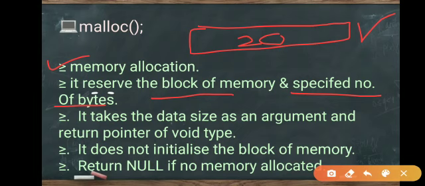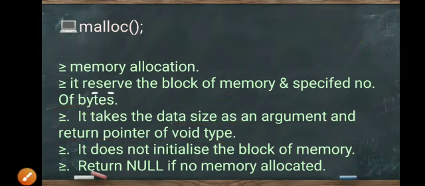It is initialized with a garbage value. It takes the data size as an argument and returns a pointer of void type. We will see it in syntax in the next slide. It does not initialize the block of memory, as we see, and returns null if no memory is allocated. Meaning if the memory is not available, it returns null.